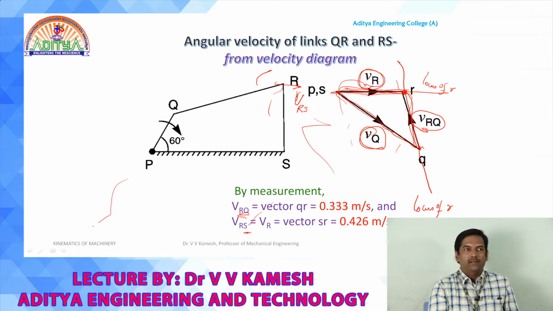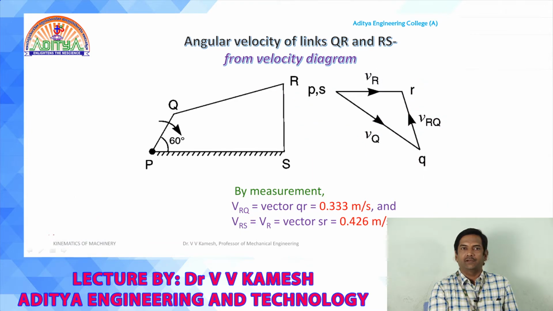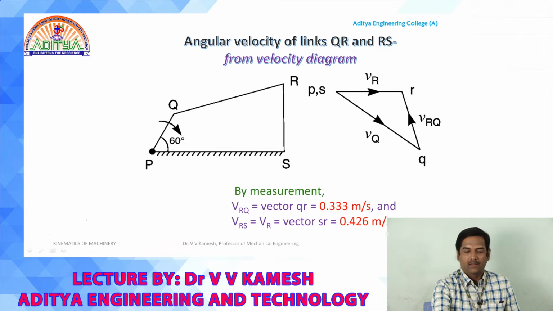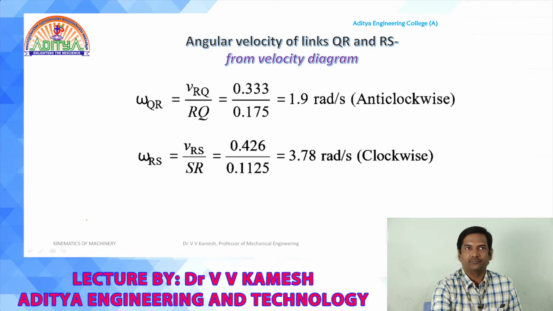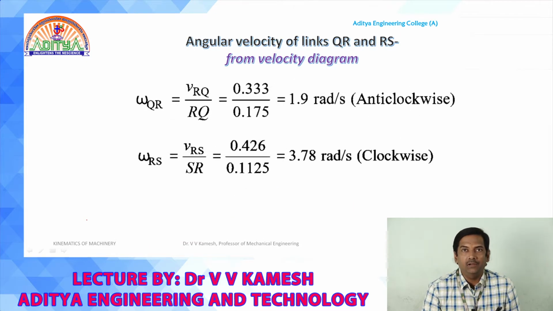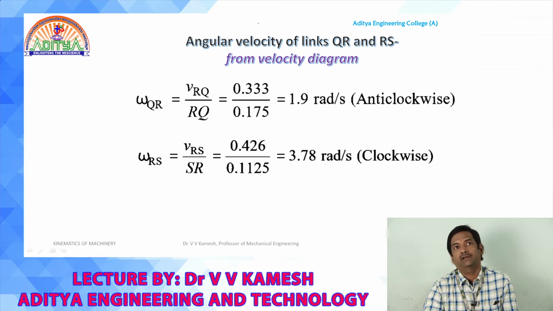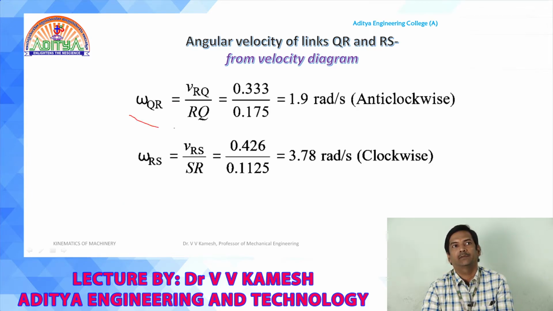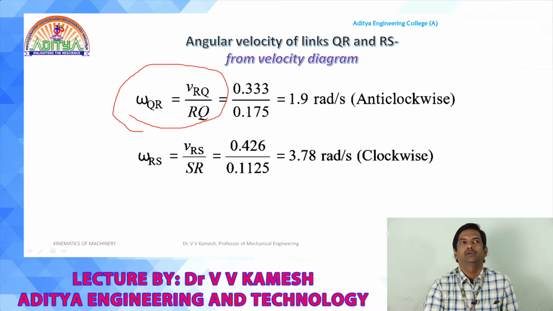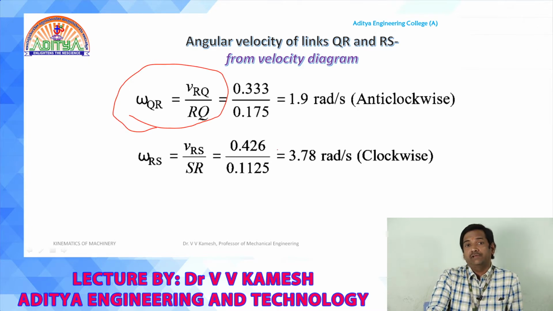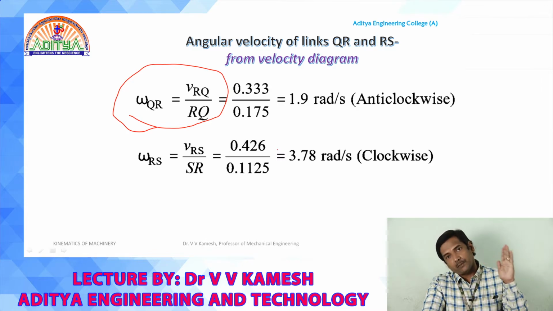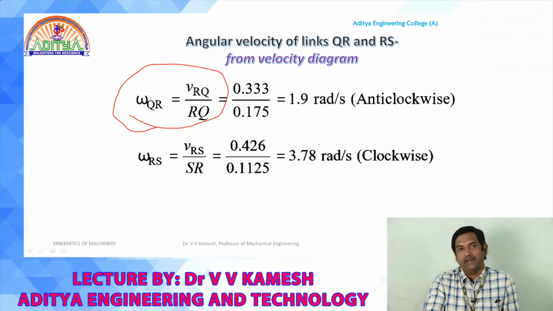Now, the next thing we need to proceed towards is the identification of the acceleration parameters from this velocity diagram. So, the angular velocities of the links QR and RS from the velocity diagram, this means omega of QR and omega of RS, they need to be supplied to the acceleration diagram.